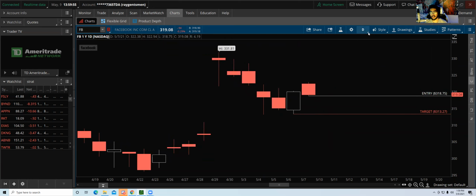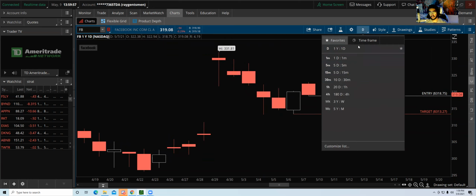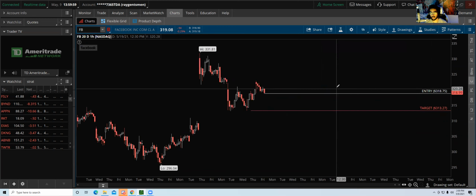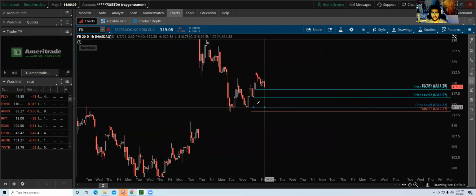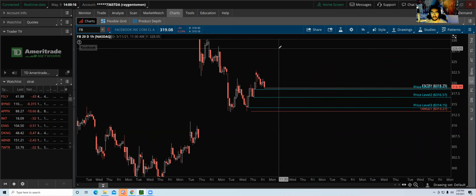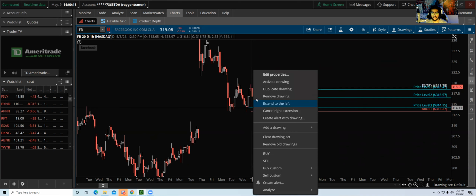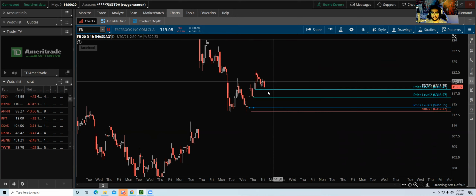And then if I wanted to see more targets, I could just go down to the hour and find more pivot targets that I would want the price to take out, which would be another one right here, and then another one right there. And then I can make one more right here. Activate drawing. That right there.